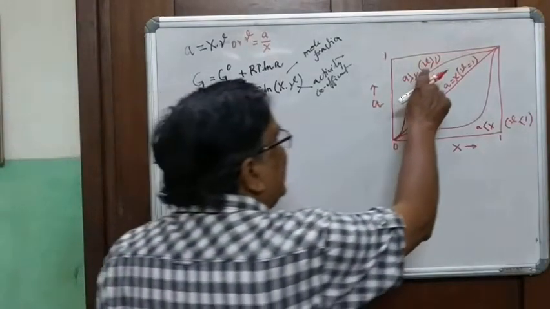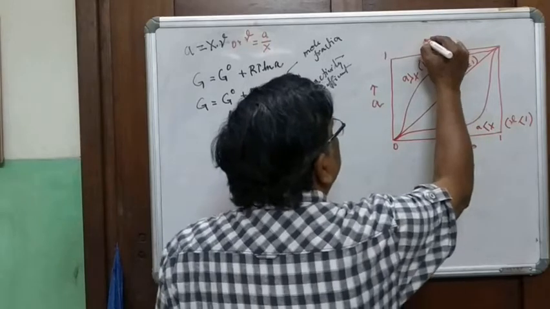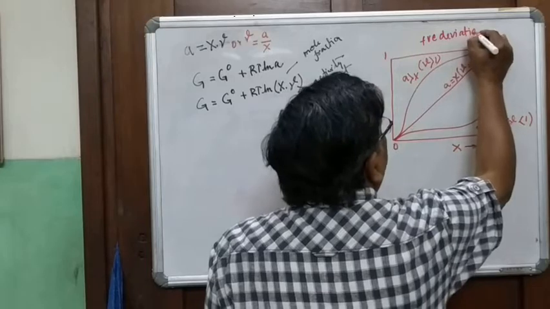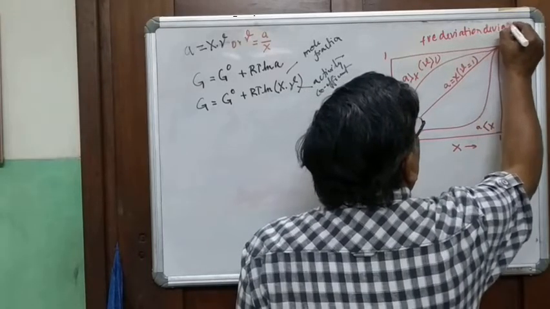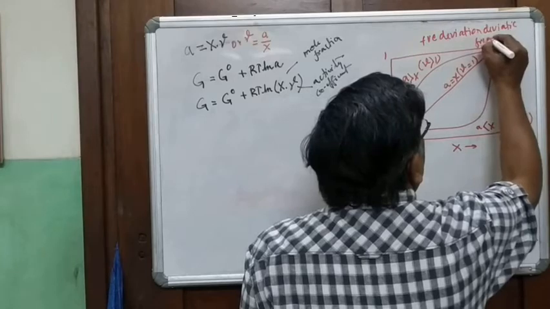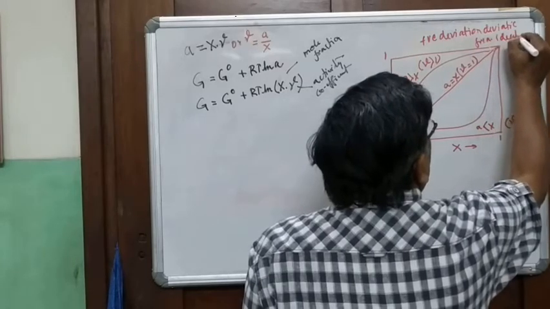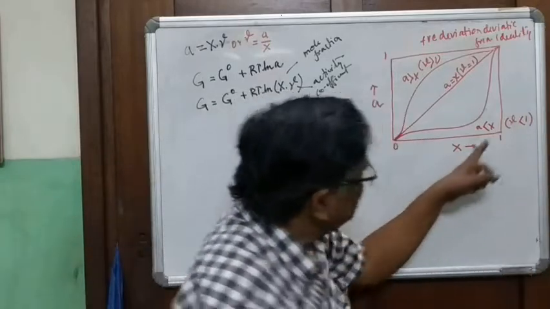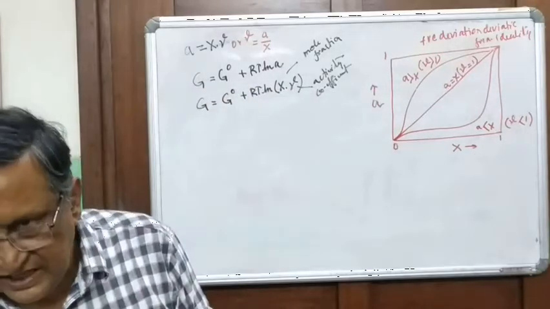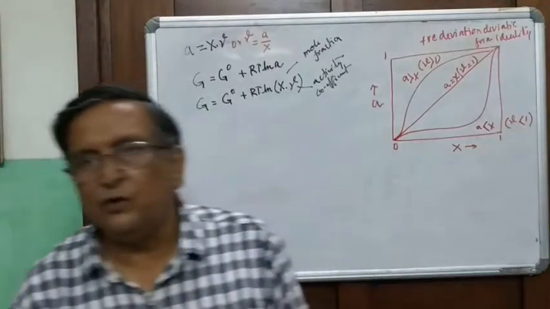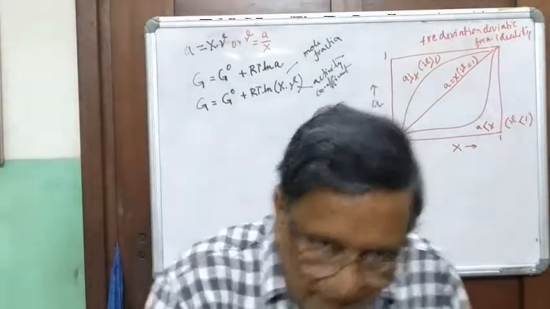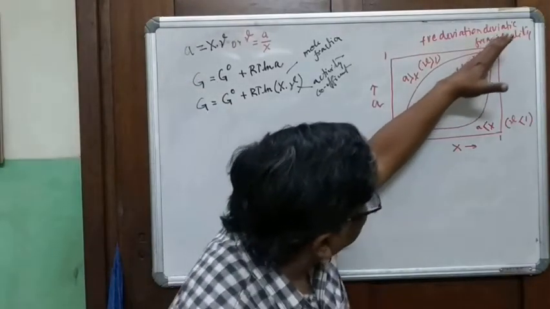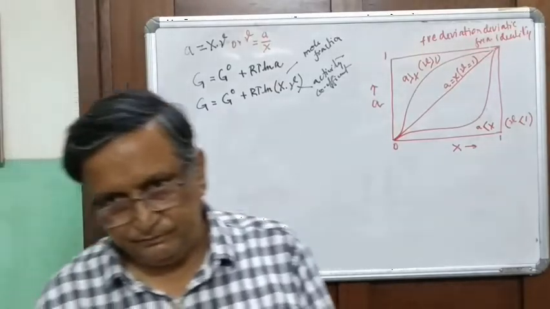Where gamma is greater than 1, this is called positive deviation from ideality. And this here is just the opposite, negative deviation from ideality, where gamma is less than 1. But both are non-ideal solutions, as opposed to this equation where A is equal to X.